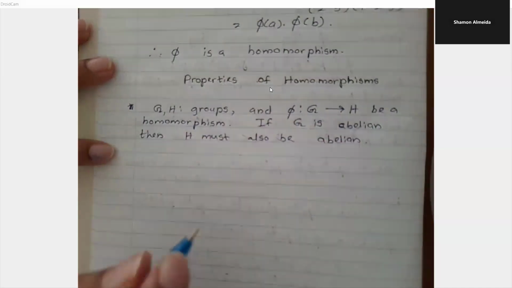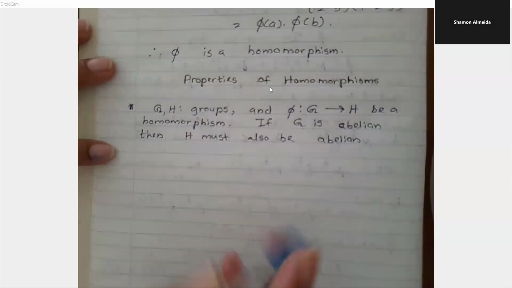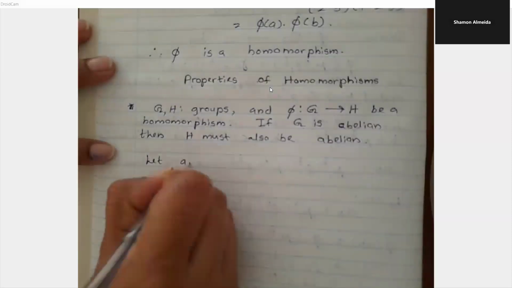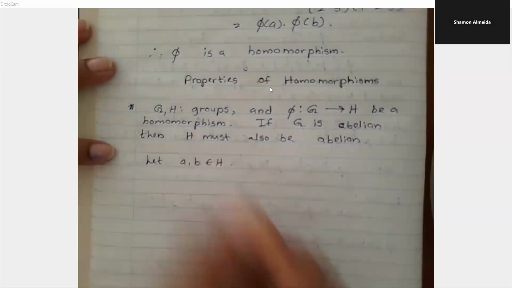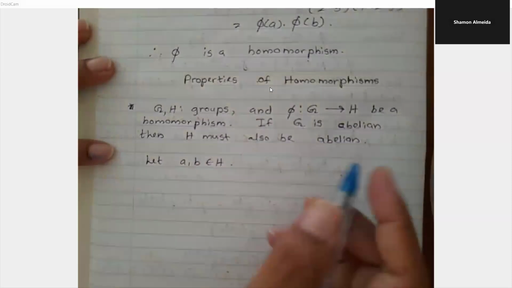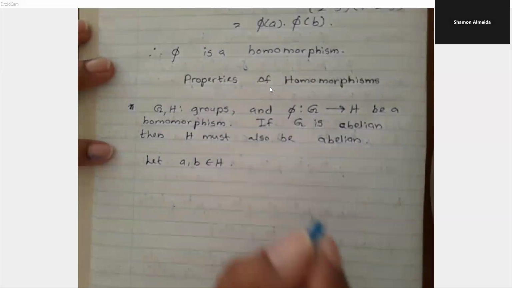Let's take any two elements, A and B, from H. We just have to show that they commute. These are chosen arbitrarily, right? If we show that these two commute, AB is equal to BA, then we are done.